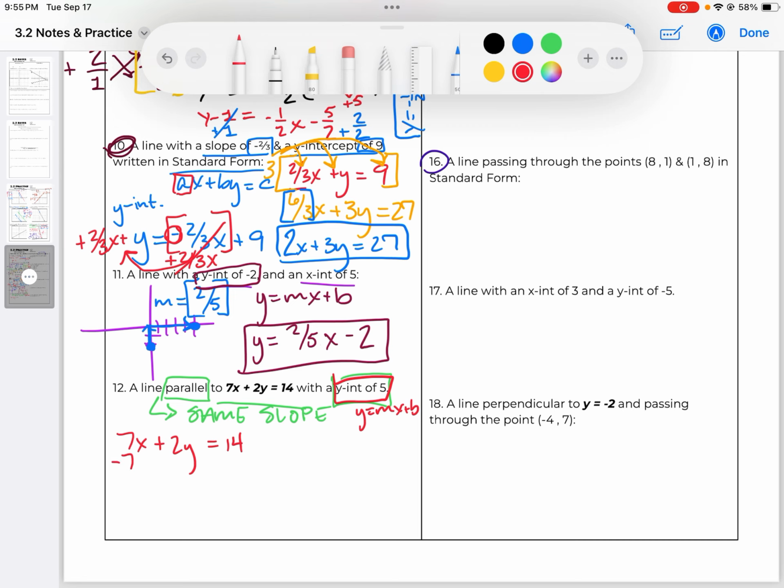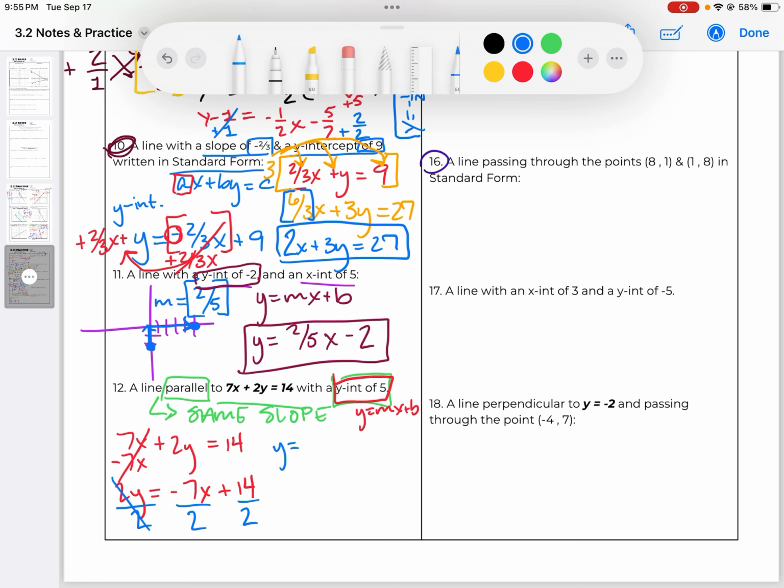So the way I would do that is I would move the x over to the other side. That will cancel out, and I'll have 2y equals negative 7x plus 14. And then I also want to fully isolate this y, which means I'm going to divide everything here by 2.